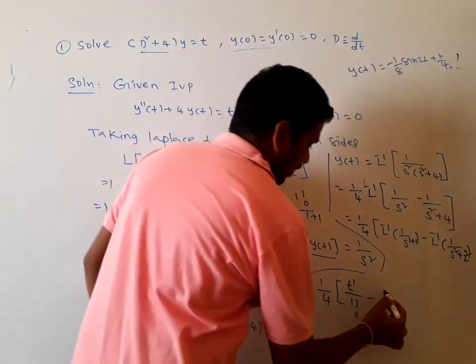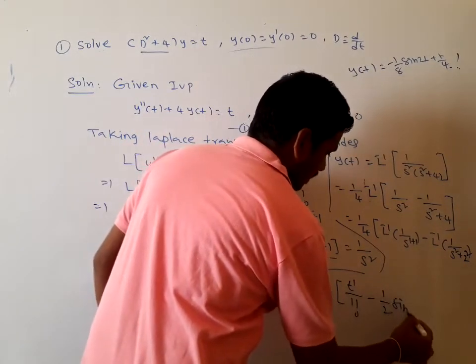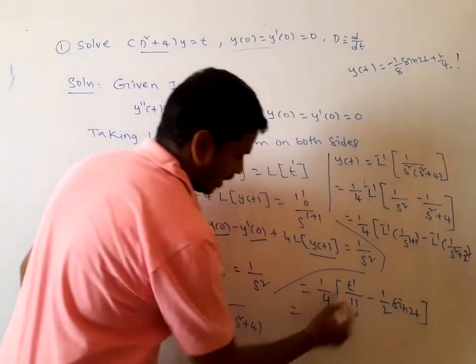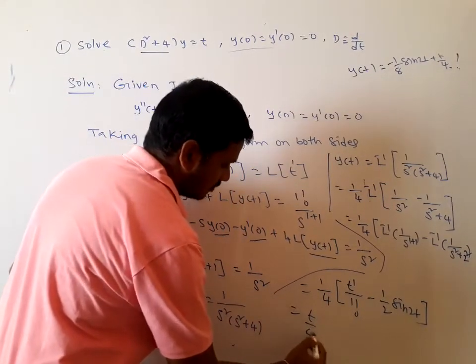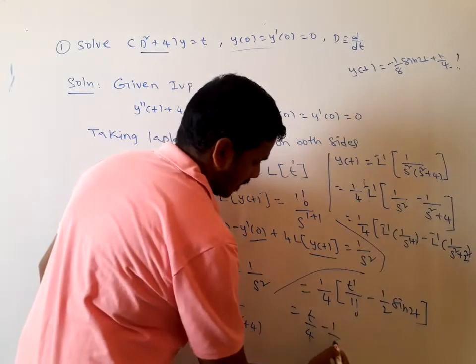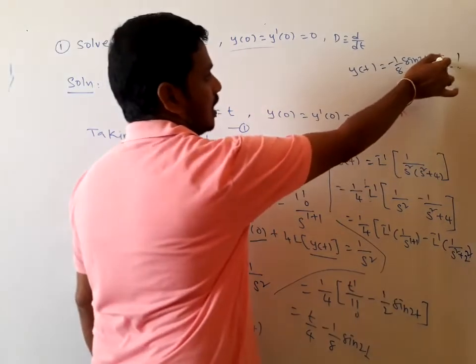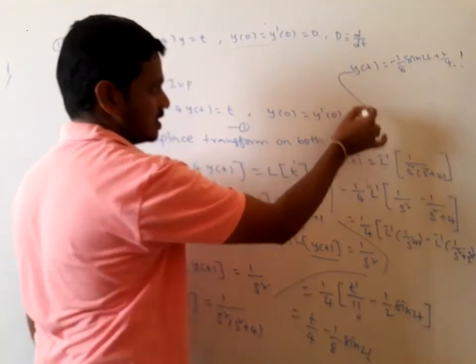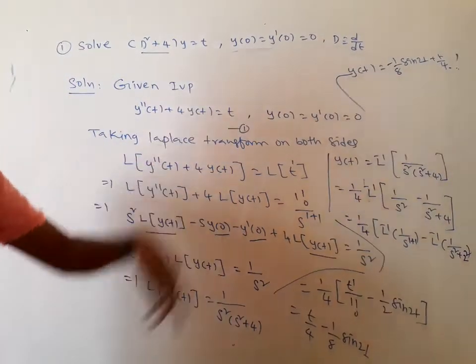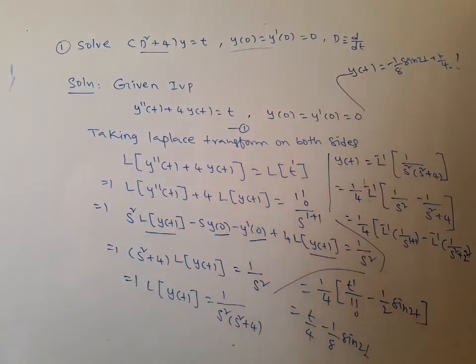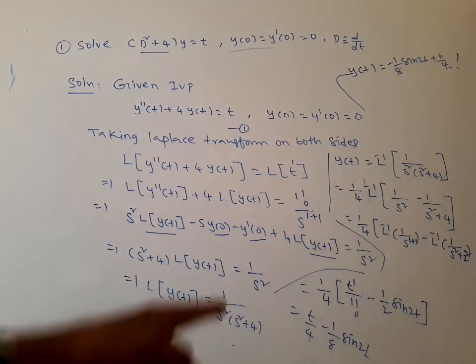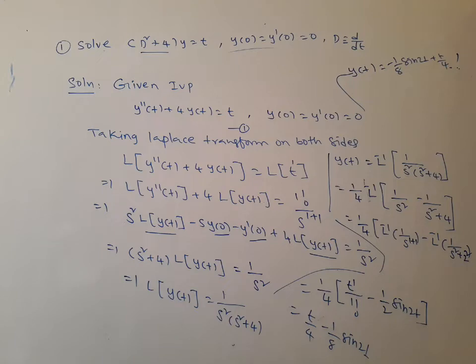Here it is 1 by 2 into sin 2t. Multiplying with 1 by 4, we get t by 4 minus 1 by 8 sin 2t, which is the solution.